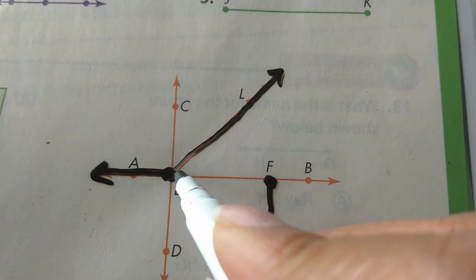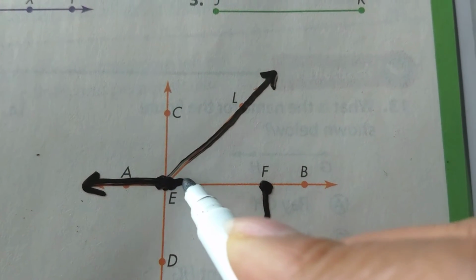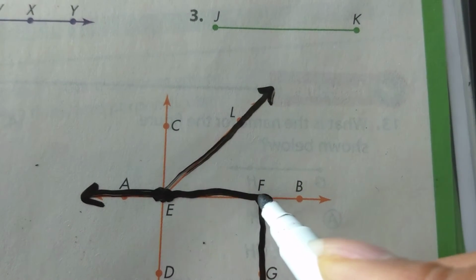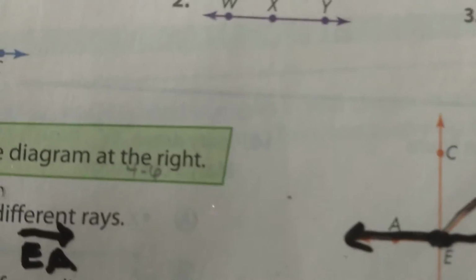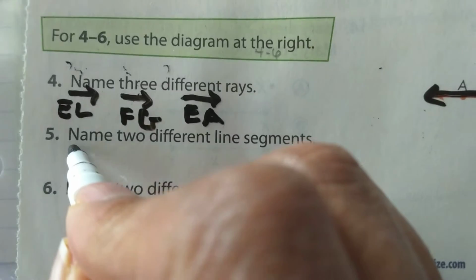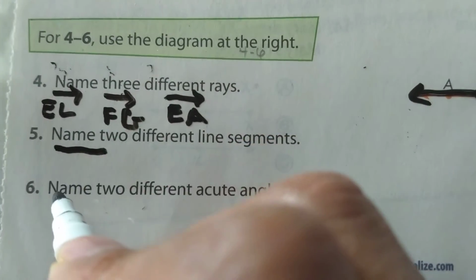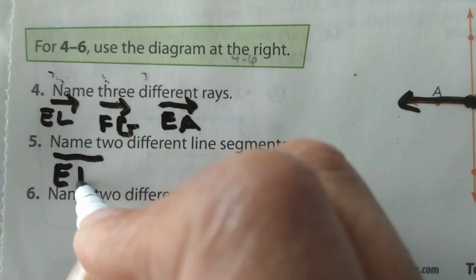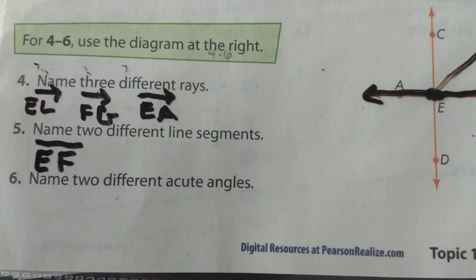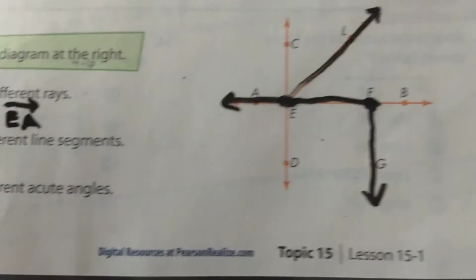So what about 2 endpoints? If I start here at E and I go over to F, isn't that a line segment? Yes, it is. So I just need to draw my line. So line segment EF. I need to do one more because we're doing 2 line segments.